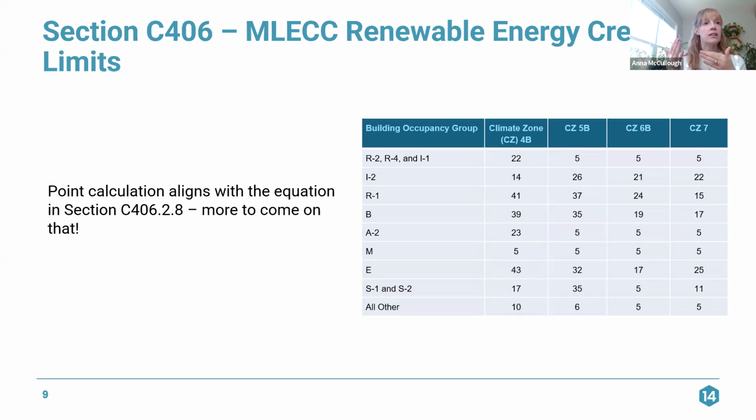So we want to make sure that we're bringing this to your attention. We will go back through this and how this is calculated and what this means when we get to the renewables and power section of this series. But I wanted you guys to know where it was.